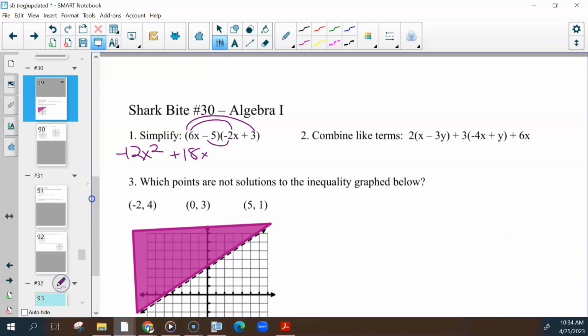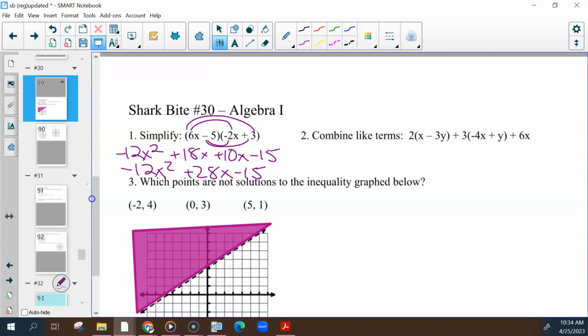Negative 5 times negative 2x, so positive 10x. And negative 5 times positive 3, so negative 15. And then combine my terms. So negative 12x squared plus 28x plus 15 should be your final answer there. I'm sorry, minus 15.